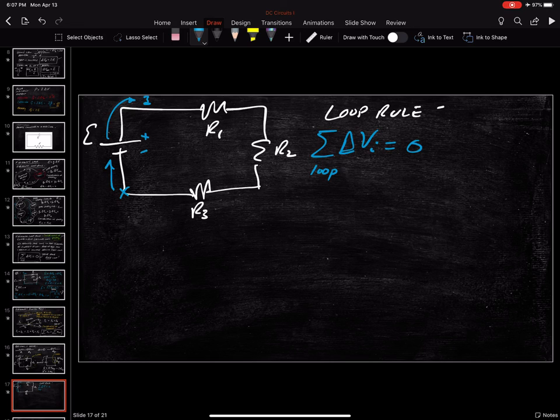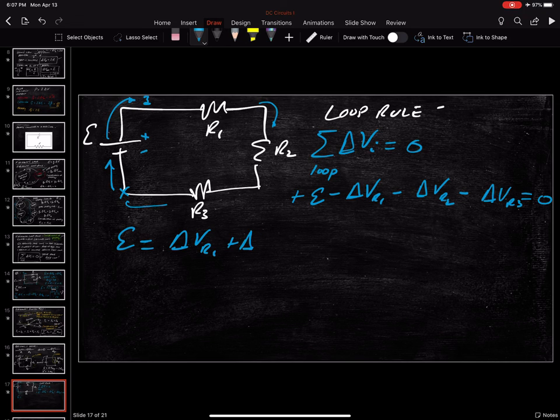First thing I get is a plus E. Next thing I get is minus delta V R1. Then the next, delta V R2. The next, delta V R3. And when I get back to the same spot, this is equal to 0. So in other words, my E is delta V R1 plus delta V R2 plus delta V R3.